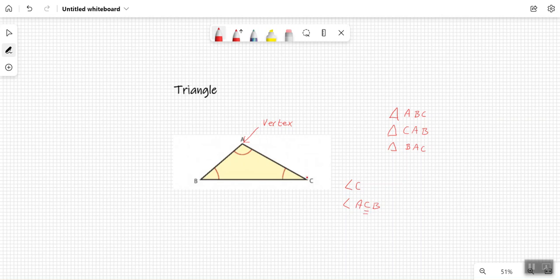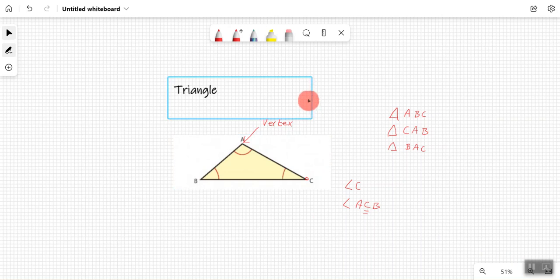In this case, the angle is on this vertex here, which is in the center. So it starts A, C, B. If we use 3 letters, we have to make sure that the angle we're talking about is on the middle letter. So for example, ACB, and then the angle is in here.